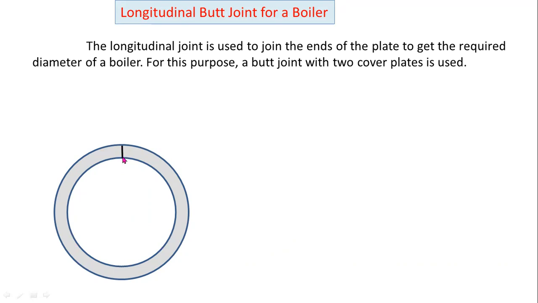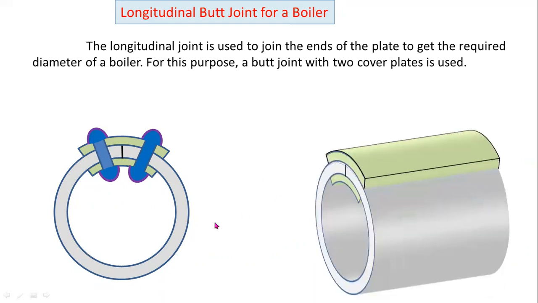To join the ends of this boiler, we are using an inside cover plate and an outside cover plate for riveting purposes. These are the rivets. Now this is the top view of a boiler. Now I will show the isometric view.